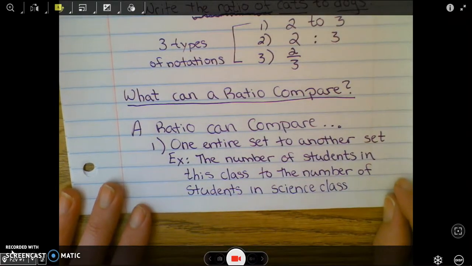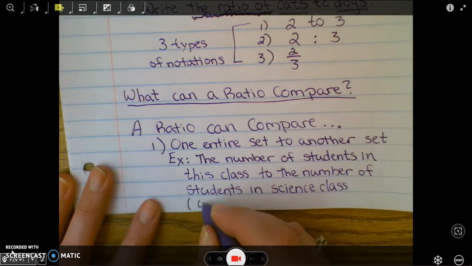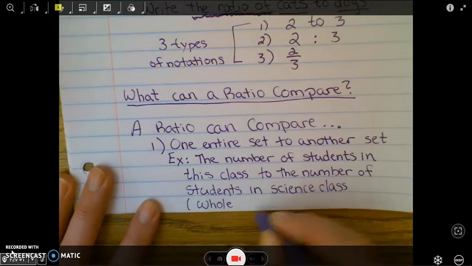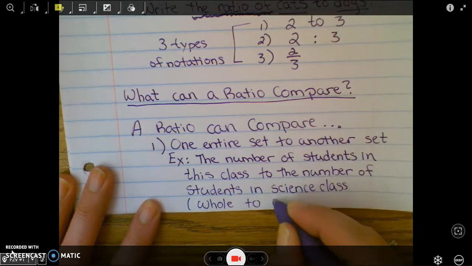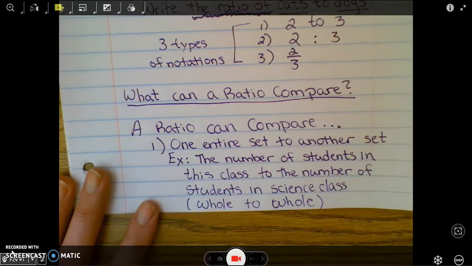So I would be comparing the number of students in two whole classes. So that is going to be a comparison that is whole to whole. It's a whole to whole comparison. It is one whole set compared to another whole set.